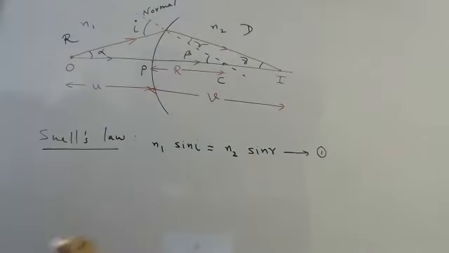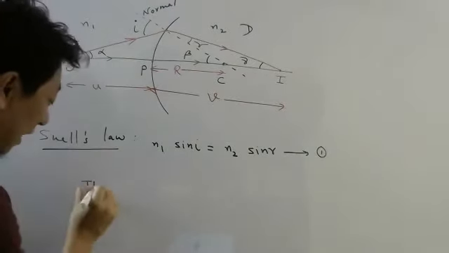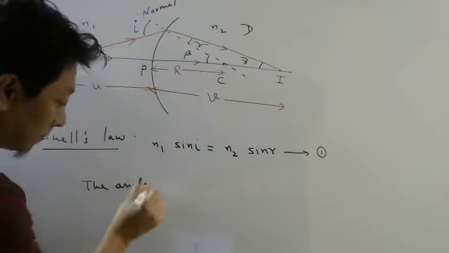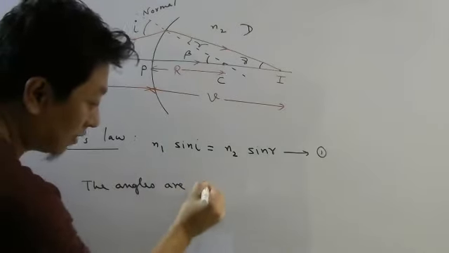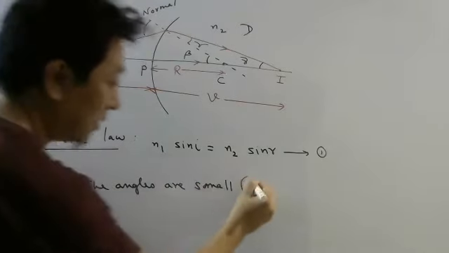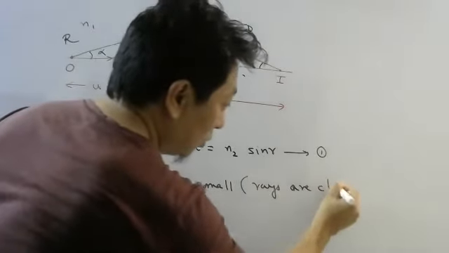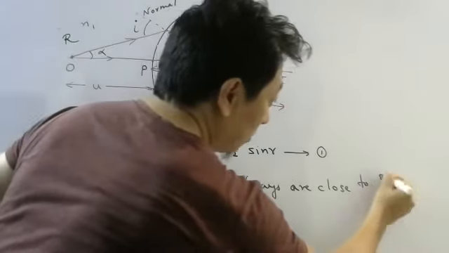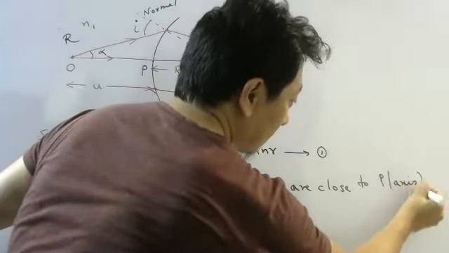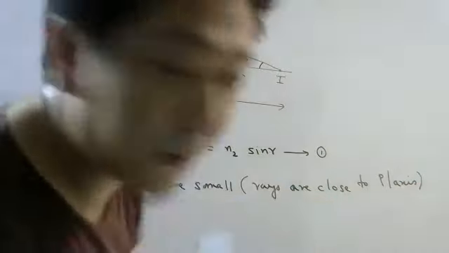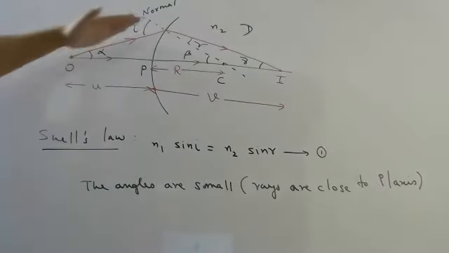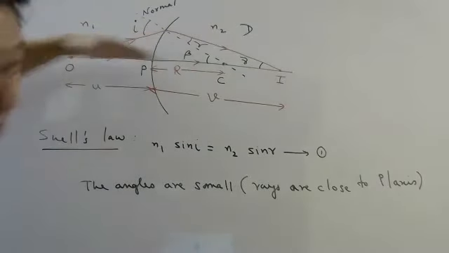After that, we start assuming that the angles are small. The angles are small, which means the rays are close to the principal axis. In the exam, please write principal. So I am going to assume these rays are all close to the principal axis.